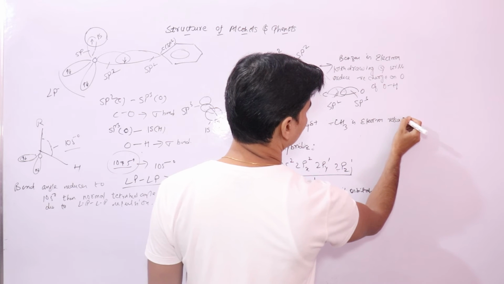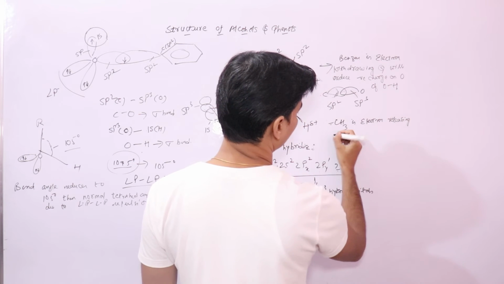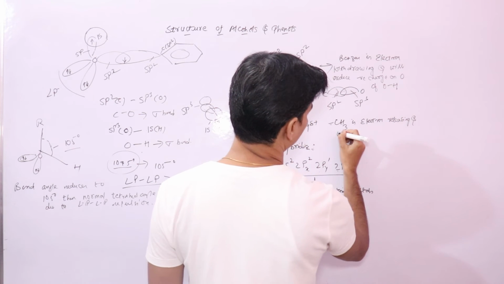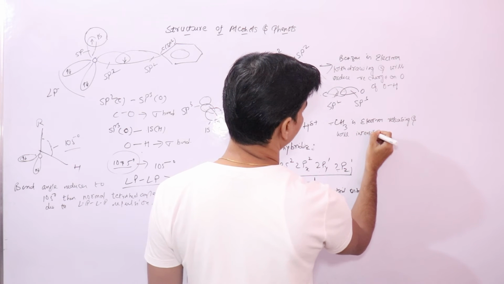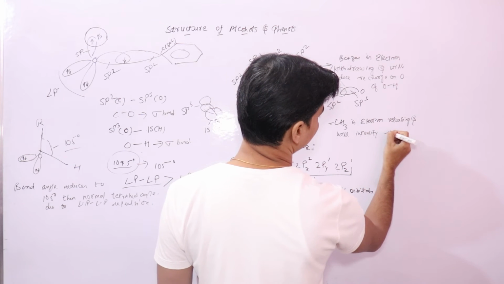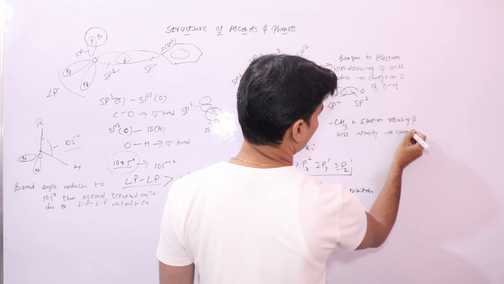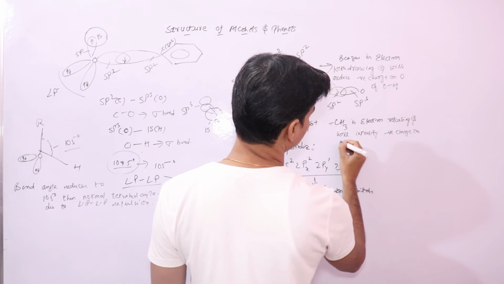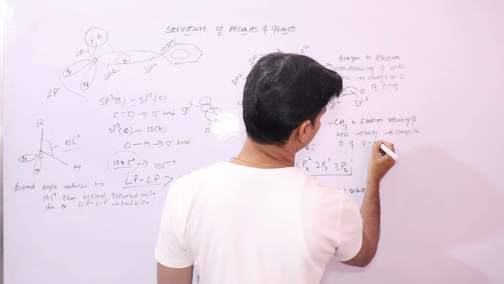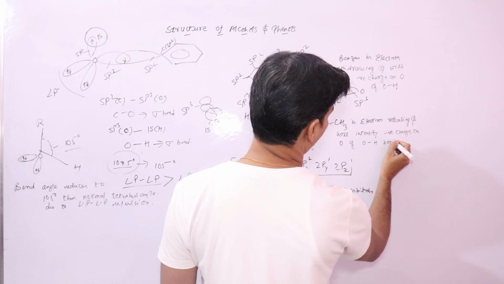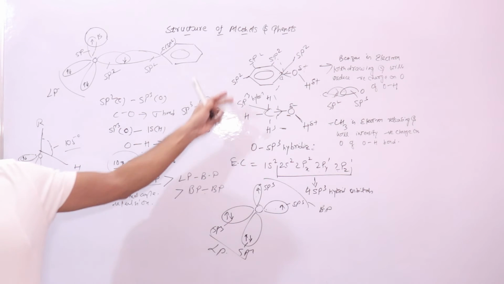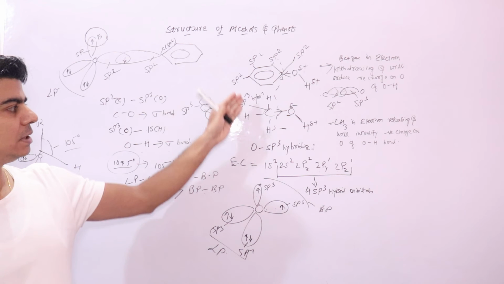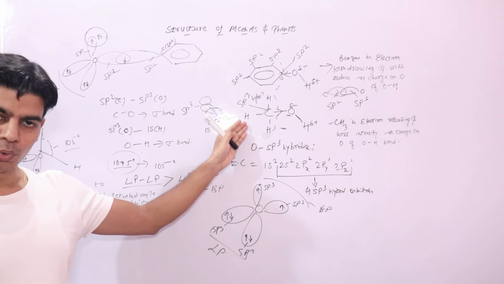Your methyl is electron releasing and will intensify negative charge on oxygen of OH bond, right? Just remember what these two things, benzene and methyl, do, right?